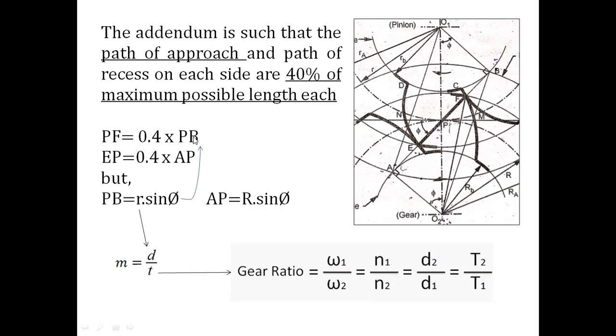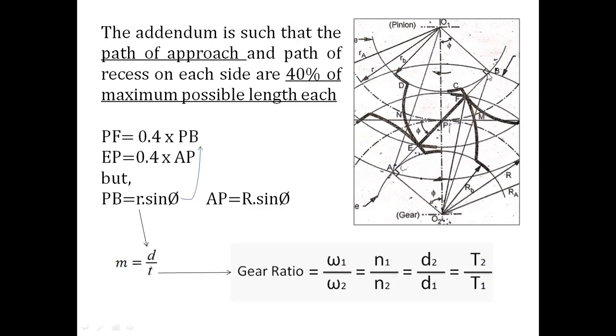But what is PB here? In the derivation of length of path of contact, we have to find PB. O1P, which is small r, this circle radius, is given. We have r, we have pressure angle phi.